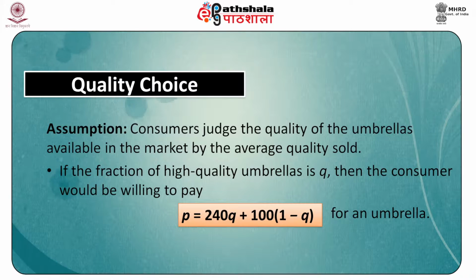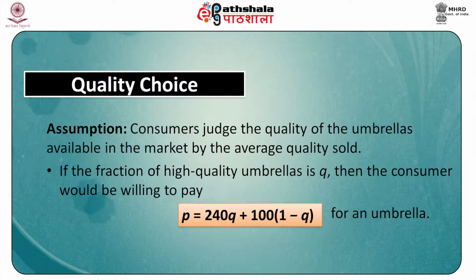Now suppose that consumers judge the quality of the umbrellas available in the market by the average quality sold, just as in the case of the lemons market. If the fraction of high quality umbrellas is Q, then the consumer would be willing to pay P equal to 240Q plus 100 into (1 minus Q) for an umbrella.